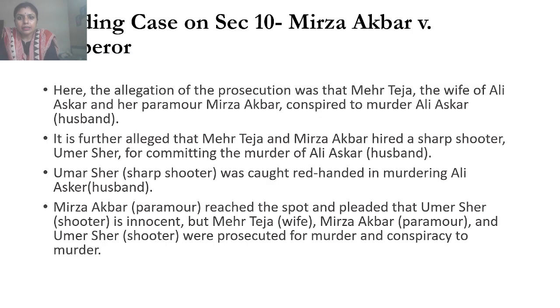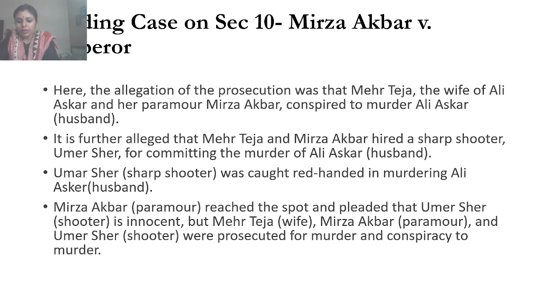There is one leading case in this regard, Mirza Akbar versus Emperor. In this case, there are four persons involved. Mehar Teja is the wife of Ali Asgar. Ali Asgar is the deceased. Mirza Akbar is the paramour of the wife of Ali Asgar, and they conspired along with Umar Sher, who is a shooter here, to kill Ali Asgar.